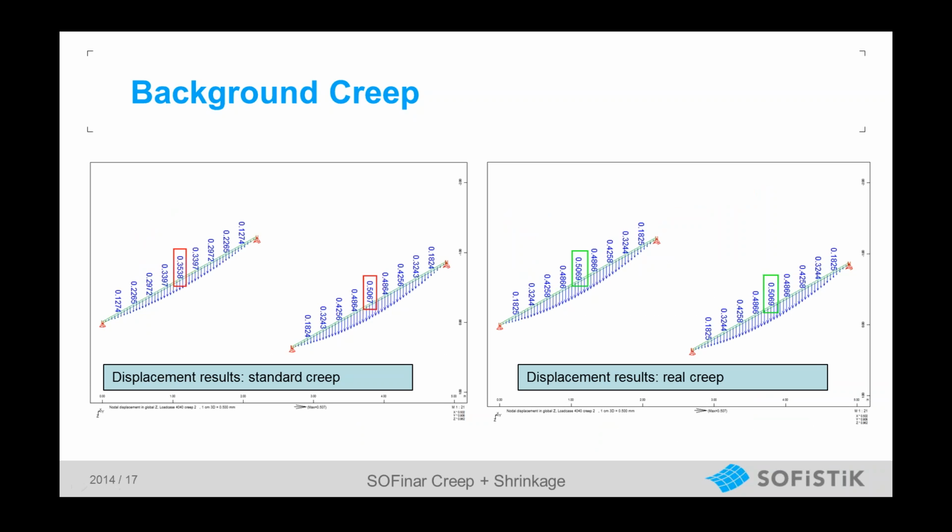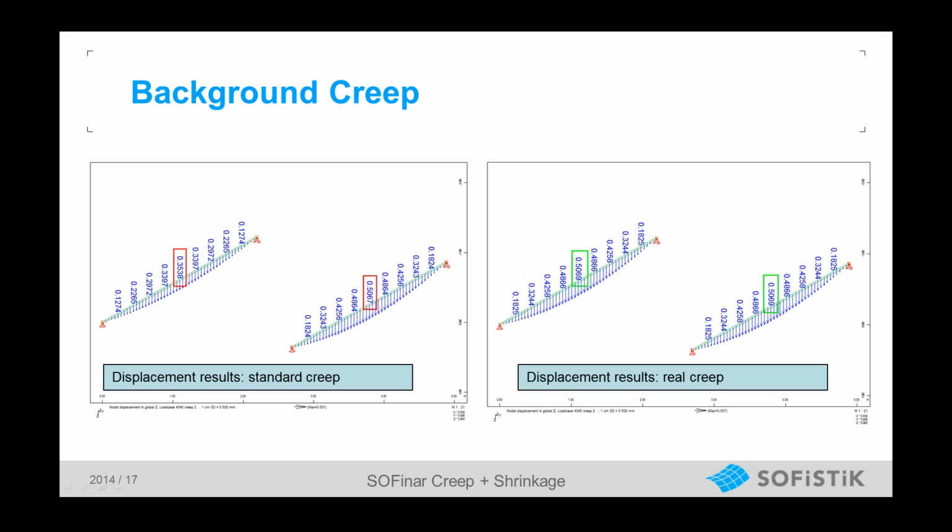This results in a displacement of 0.35. On the other side, where our concrete is already 56 days old when we apply the load, we have a totally different displacement. The differences of the creep values between start and end point of a load will be used for the standard creep.